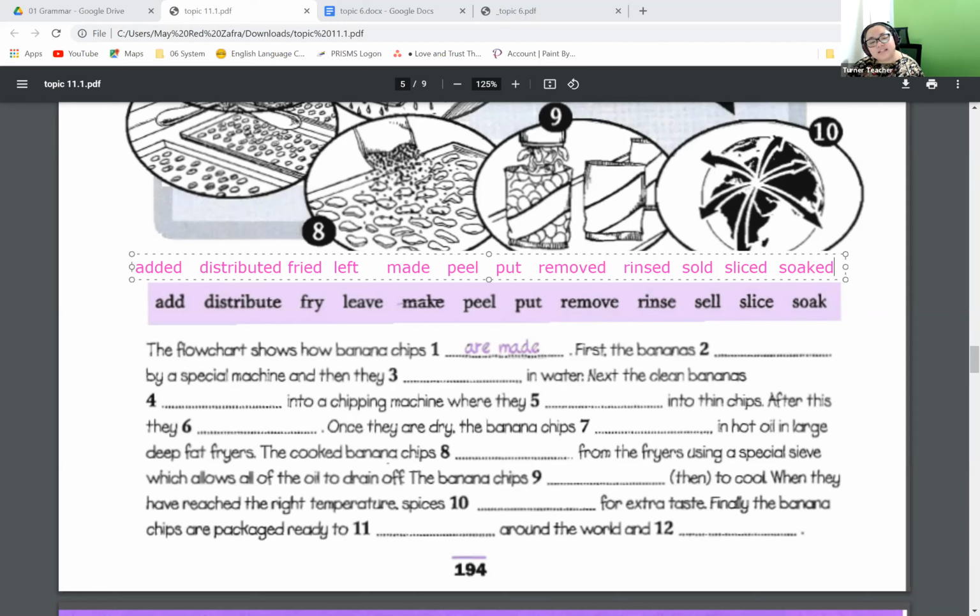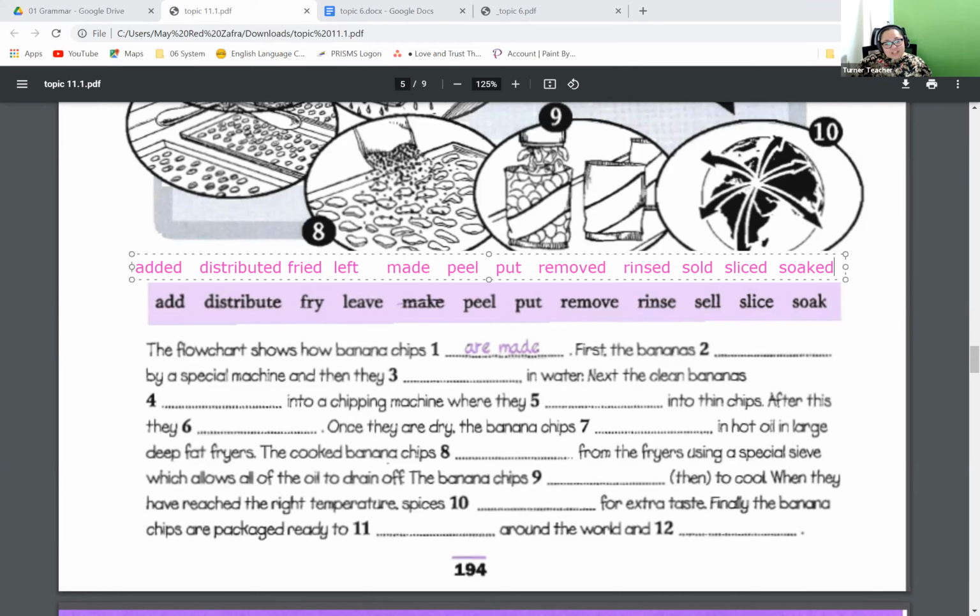Thank you, Yasmin. After this, they blank. When they are dry, the banana chips in hot oil in large deep fat fryers. Thank you.